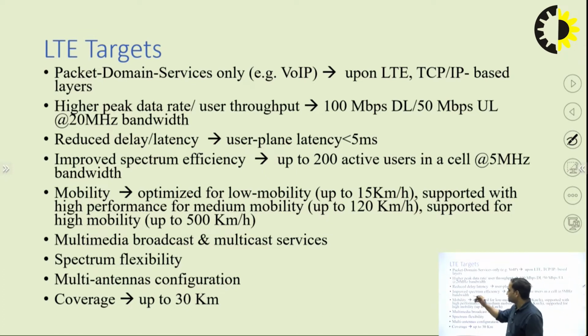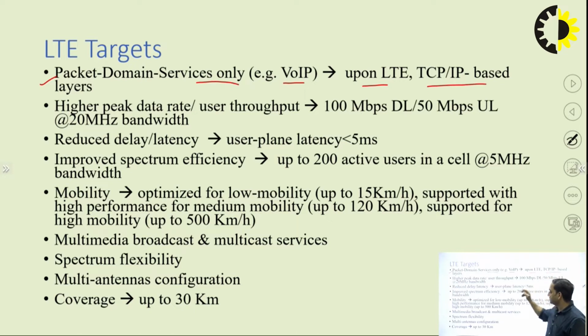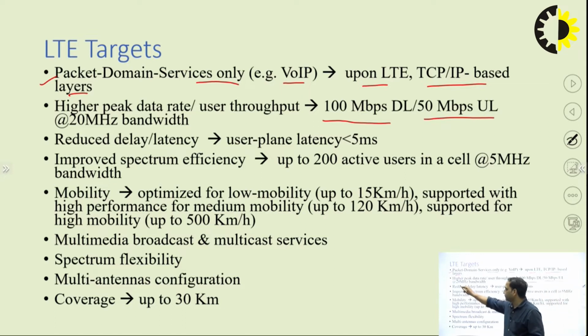The first target was that only packet domain services are required, and that is VoIP, voice over IP. TCP/IP based layers are expected to be used when designing the LTE network. Then the higher data rate and user throughput is expected to be 100 Mbps downlink and 50 Mbps uplink, at a bandwidth of 20 megahertz.